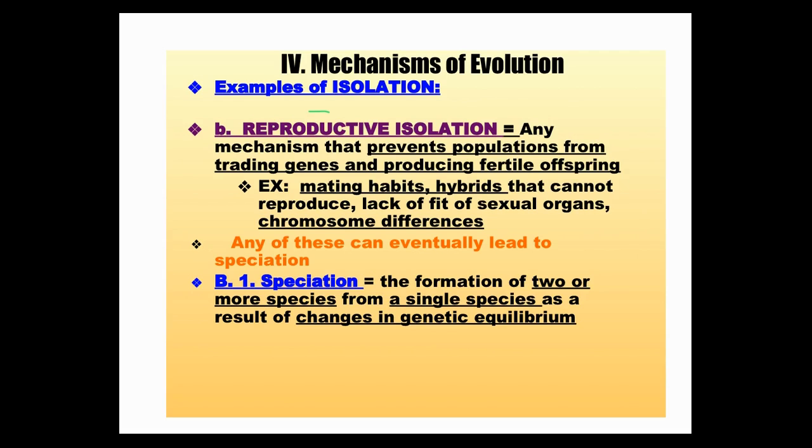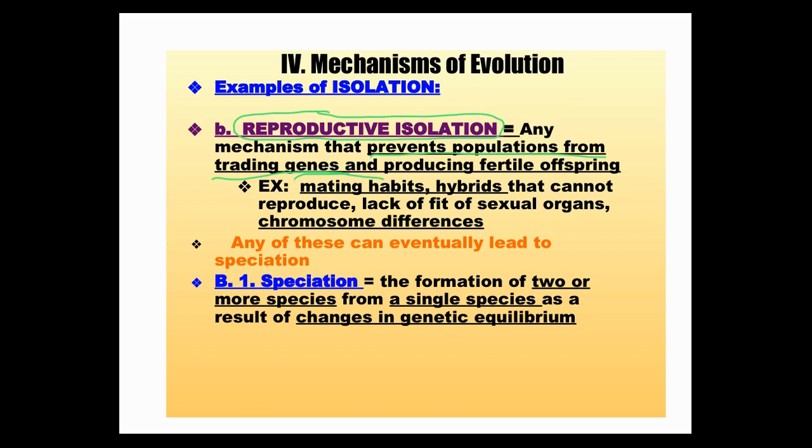All right, reproductive isolation. I'm not going to really go over that much because I'm not going to test you on it. But these are things where the population is still together. They haven't been isolated from each other physically. They're still together, but there are some things that can prevent populations from trading genes.